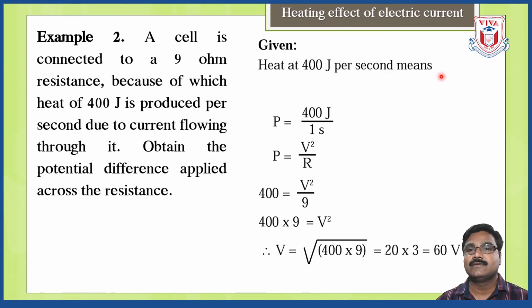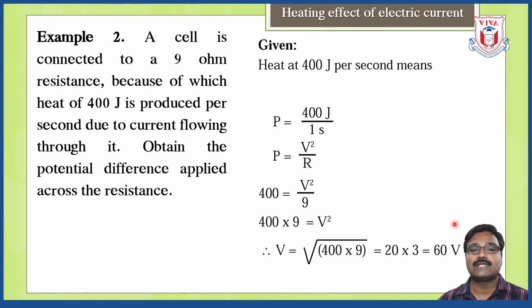That means in 1 second heat produced is 400 joule. Therefore 400 is equal to V square upon 9, where the value of R is 9 ohm. Therefore V square is equal to 400 into 9. If we take the square root of 400 into 9, we will get 20 into 3, and the answer will be 60 volt.